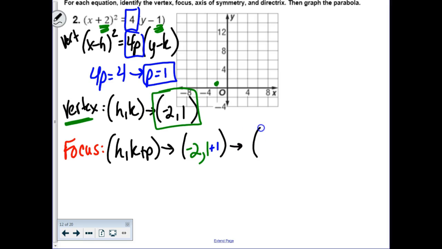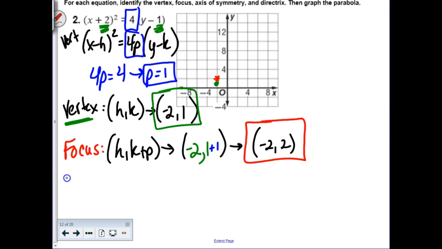So that comes out to -2, 2. So I'm going to plot a little star at -2, 2. Oh, that's close. But that kind of makes sense, because what was supposed to be the distance between our focus and our vertex? 1 unit, and if this graph is counting by 2's, that's like a half of a block, so I think we're on the right track.